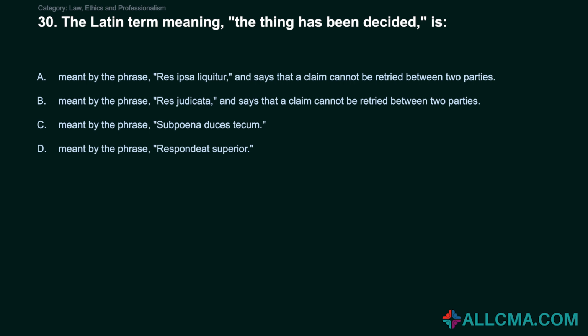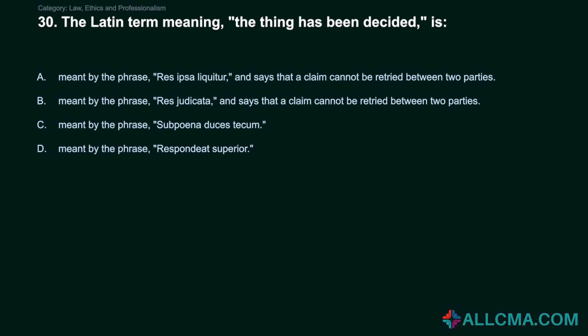30. The Latin term meaning, "the thing has been decided," is A. Meant by the phrase, res ipsa loquitur, and says that a claim cannot be retried between two parties. B. Meant by the phrase, res judicata, and says that a claim cannot be retried between two parties. C. Meant by the phrase, subpoena duces tecum.